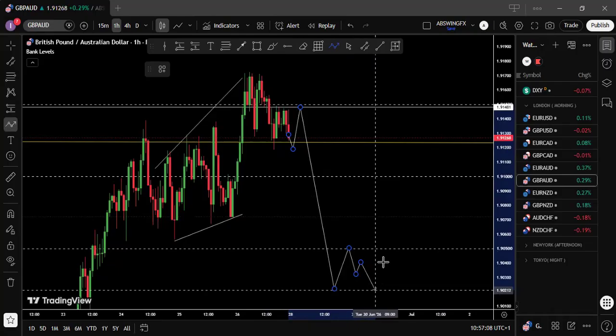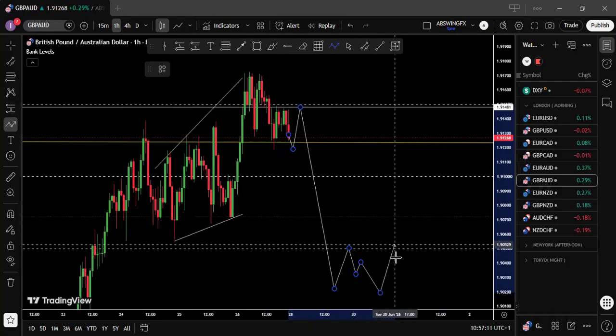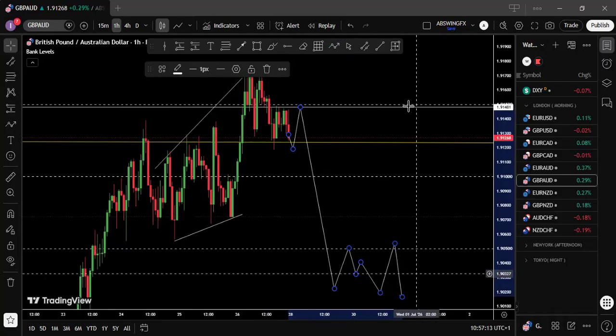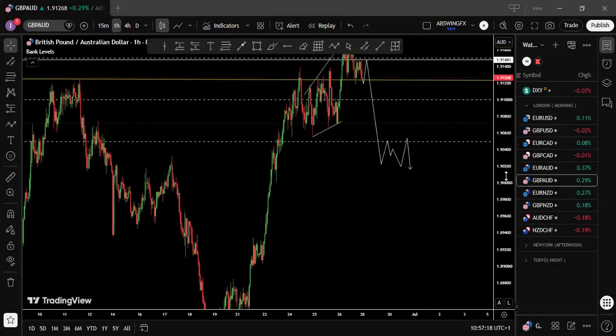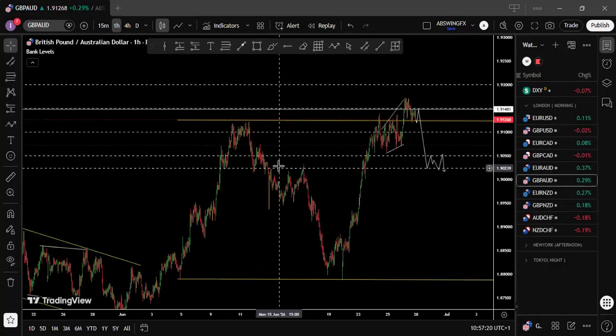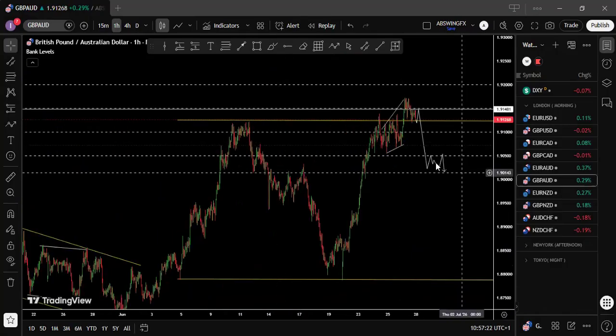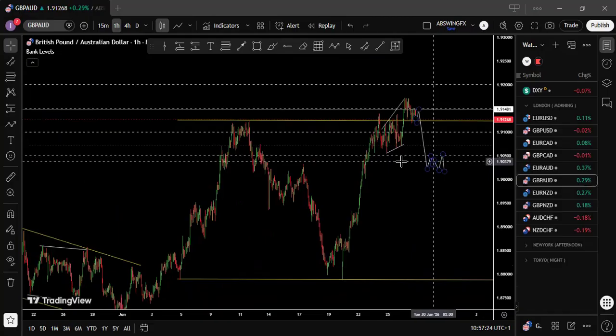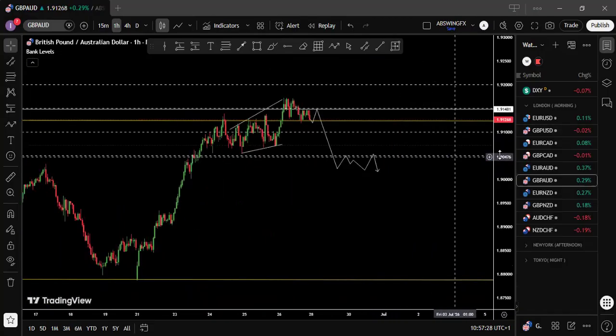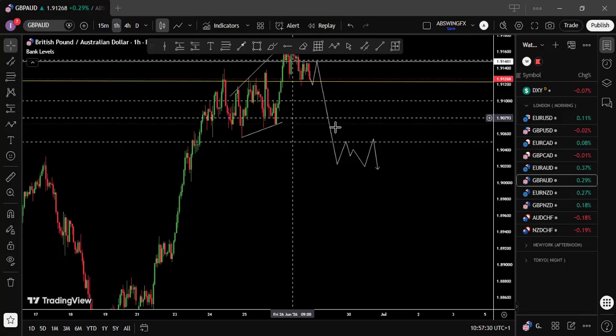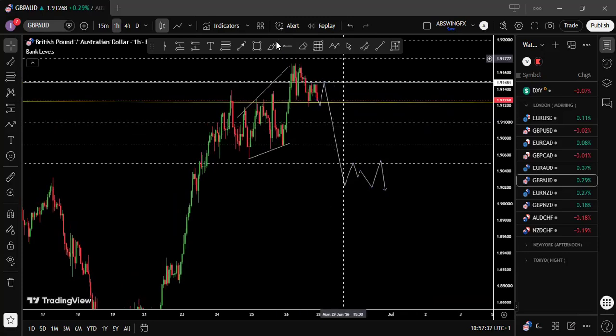It's going to be very huge. Then a massive drop to the downside. A massive drop to the downside. So here is going to be very huge. So we can have the patterns there. The pattern is confirmed here as well.